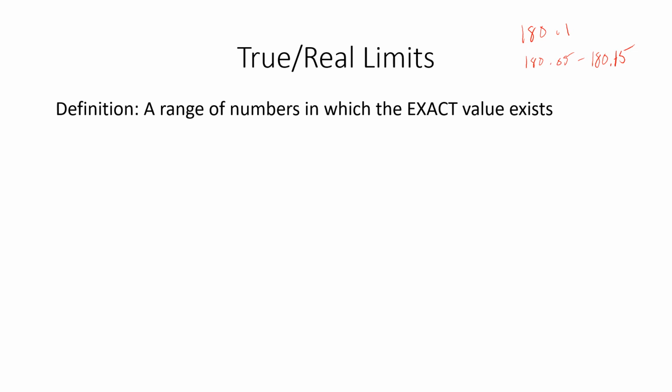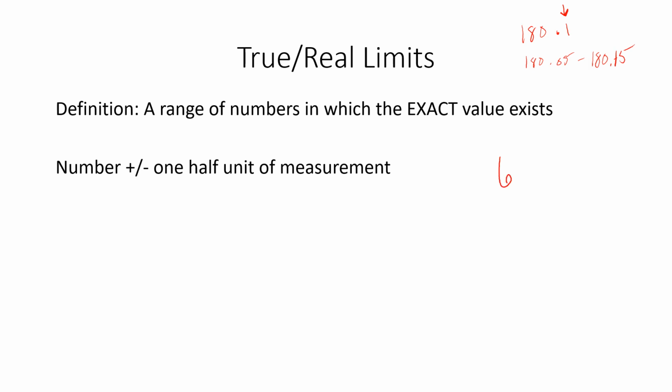So how do you get the real limits? You do plus and minus one half of the unit of measurement. In this case, our unit of measurement was the tenths place. So let's say we were looking at someone who was 68.4 inches tall.